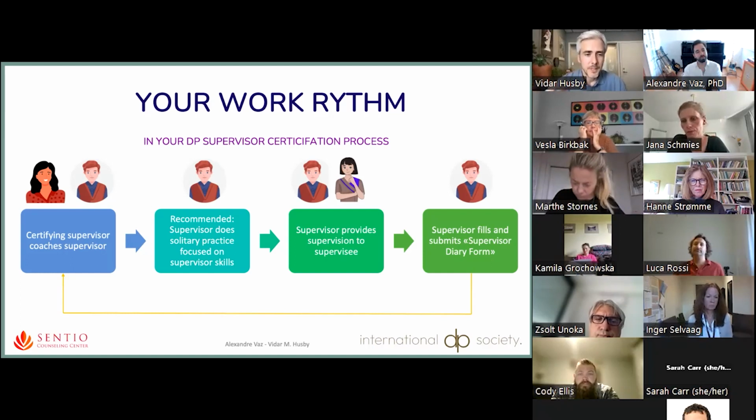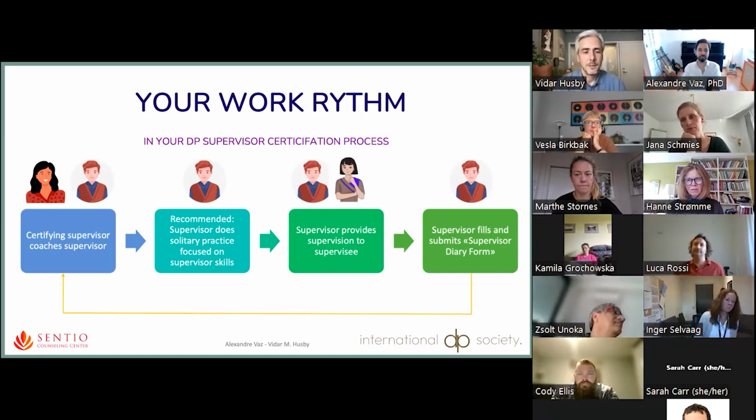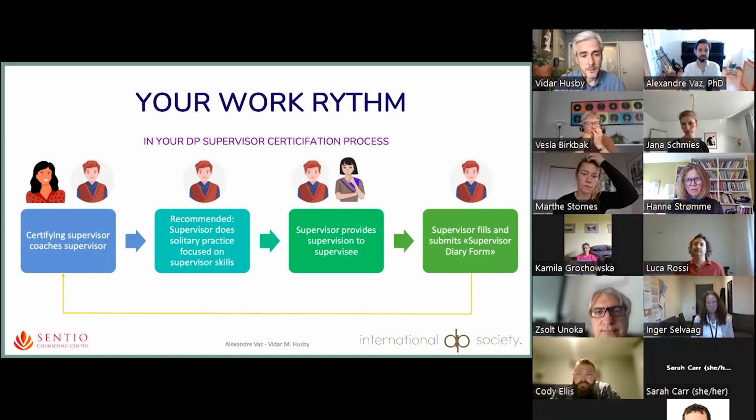So this is kind of the cycle. For 20 sessions, or 20 repetitions, you get supervision, you give supervision, you consolidate, and start over and over. And usually 20 sessions is needed for acquiring these skills.